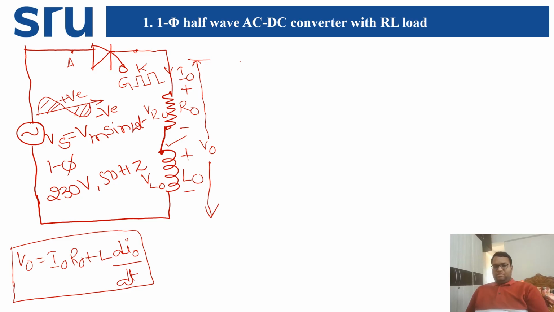Let us draw the vertical line slowly in order to derive the output voltage, output current, RMS voltage and RMS current, everything we will derive.